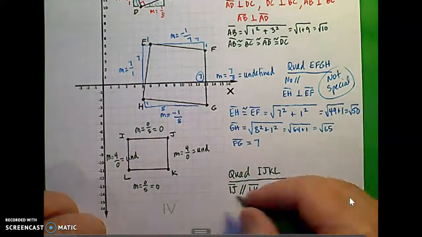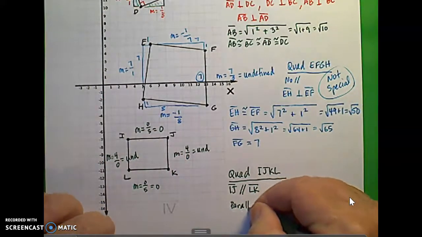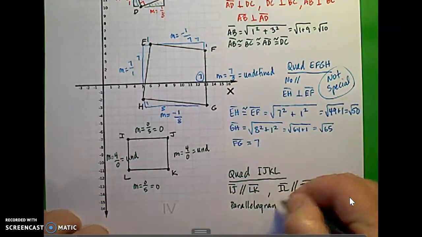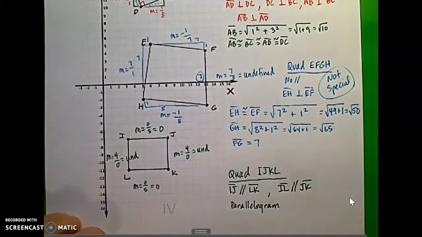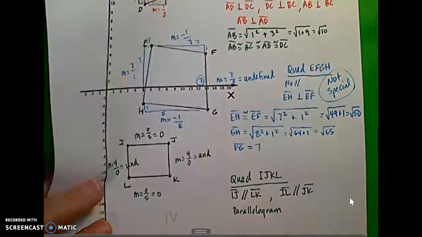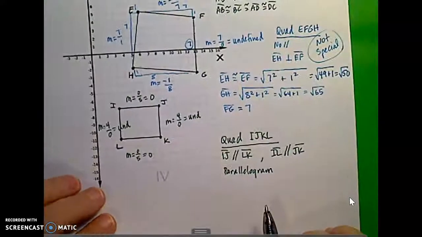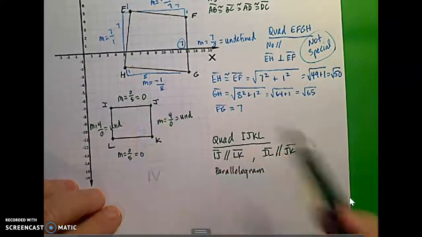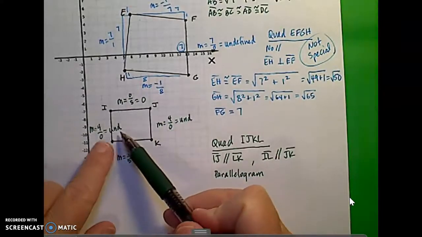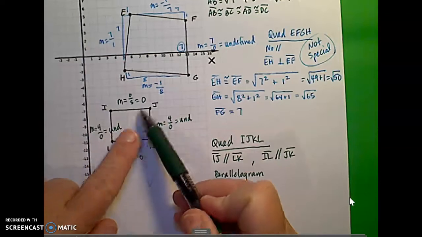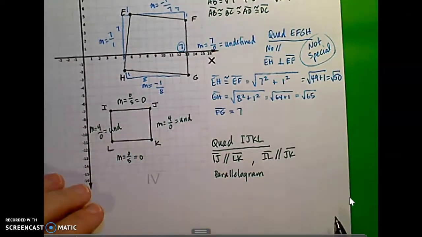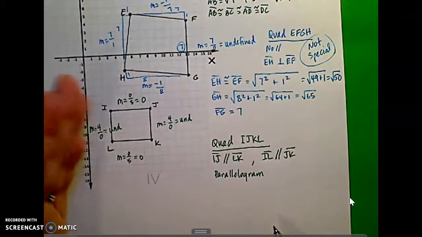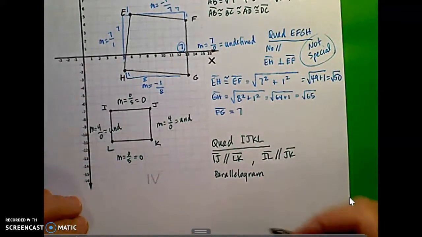That by itself is a definition of a parallelogram. So we know it's at least that type of special quadrilateral, but as we're going to discover, it's even more special than that. If we think about if we have any perpendicular lines, an undefined slope and a 0 slope are perpendicular. That's a vertical line and a horizontal line. Those are perpendicular.